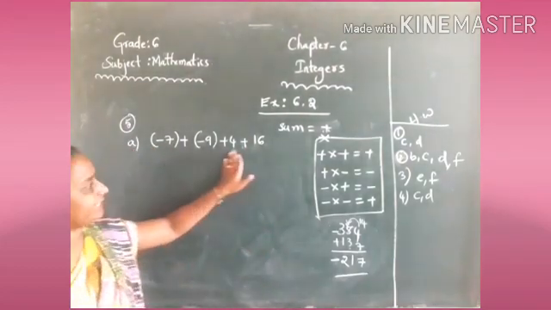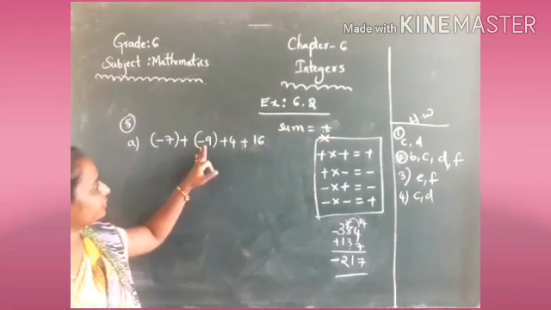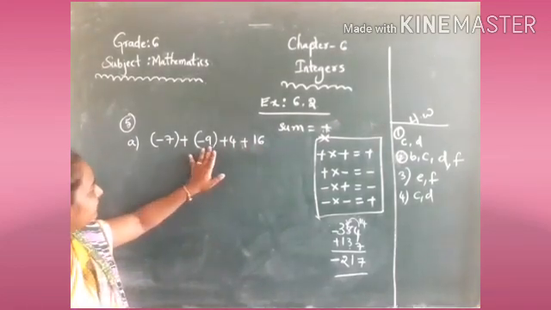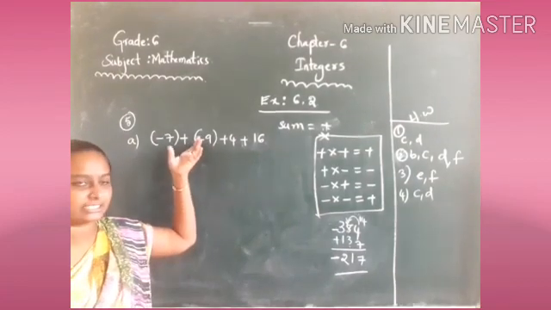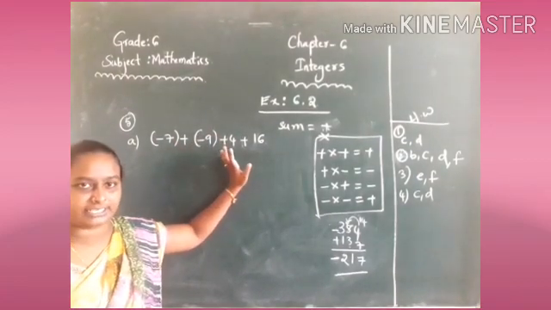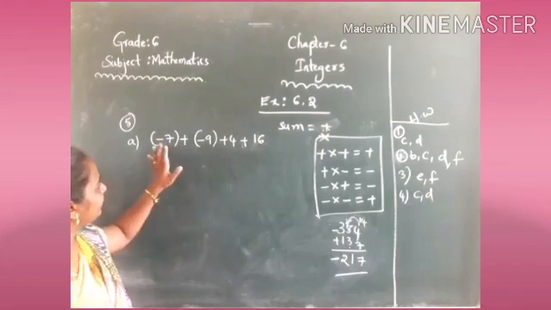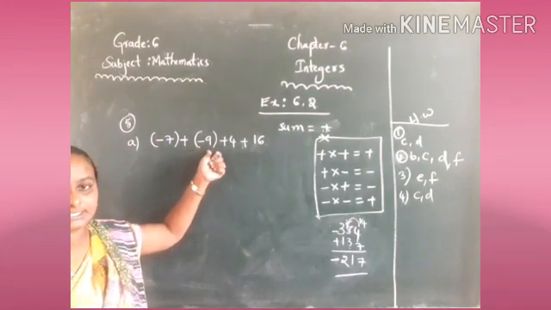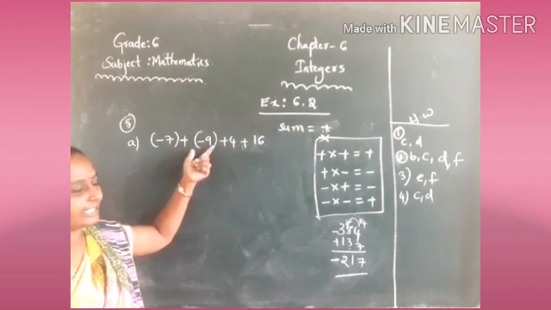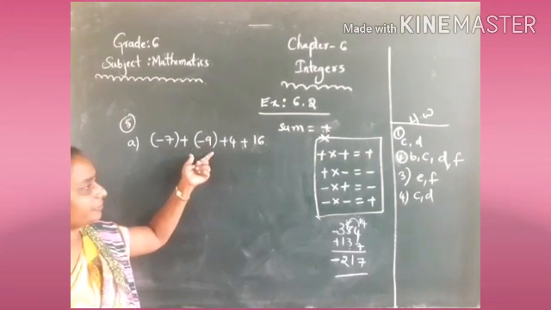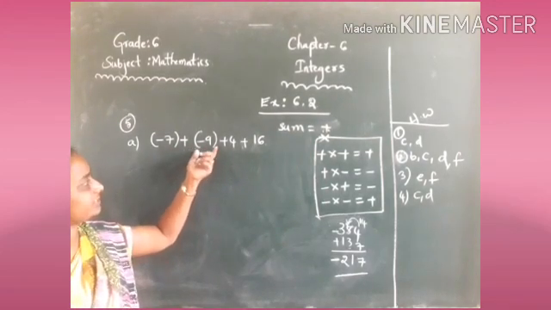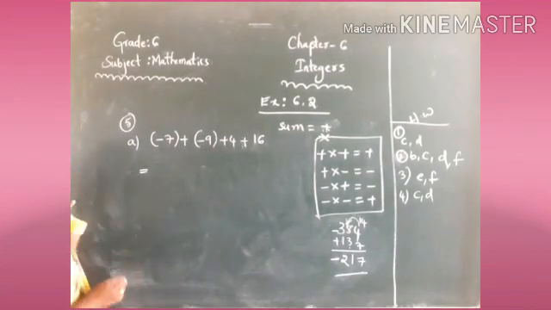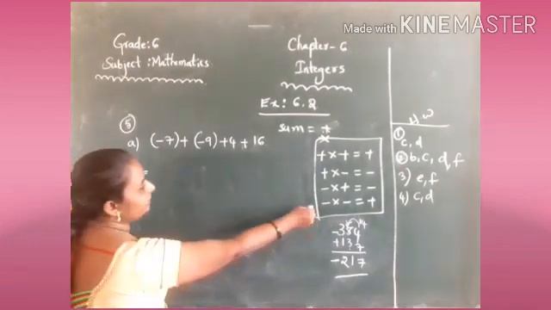Observe here how many integers? 1, 2, 3, 4. 4 integers. In these integers it contains negative integers and positive integers are there.